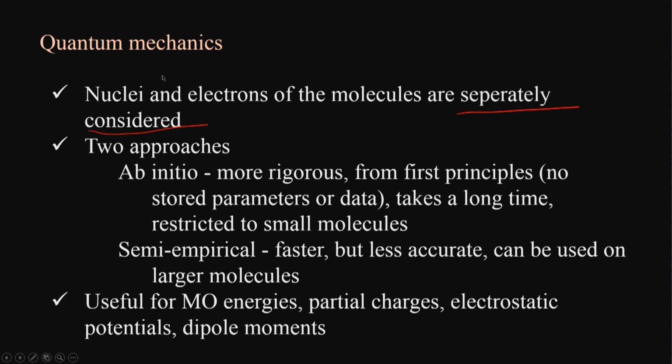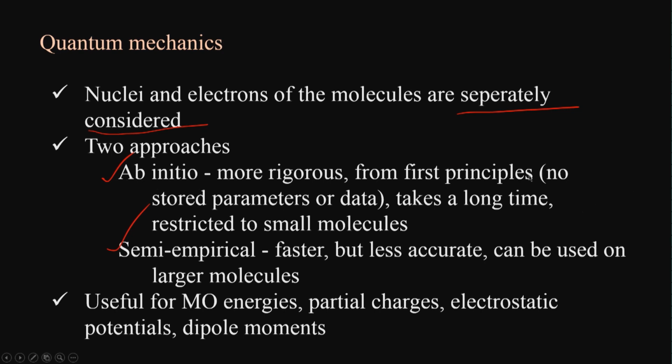There are two different approaches, one is called the ab initio, other one is called the semi empirical. Ab initio is very rigorous, it is based on first principles, okay. There are no stored parameters or data, so it takes much longer time.